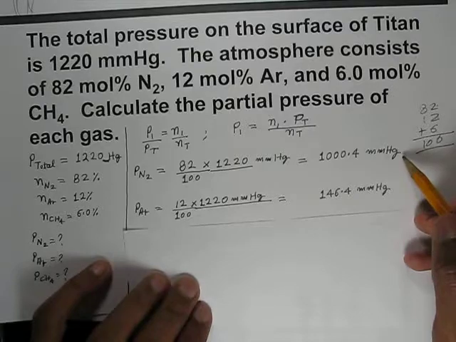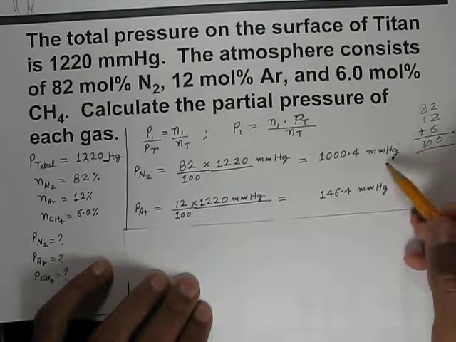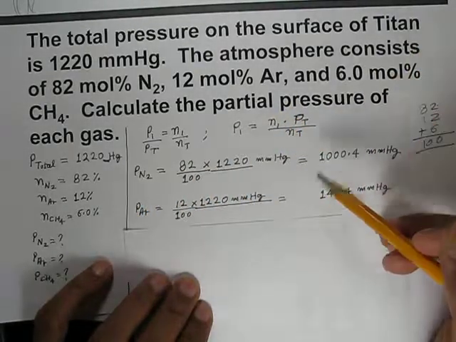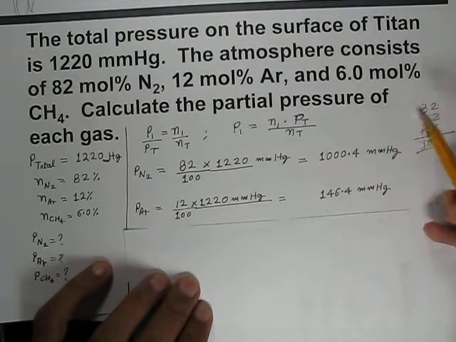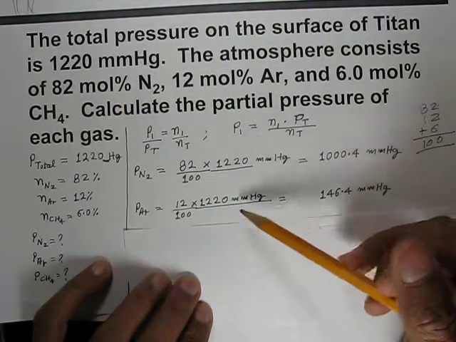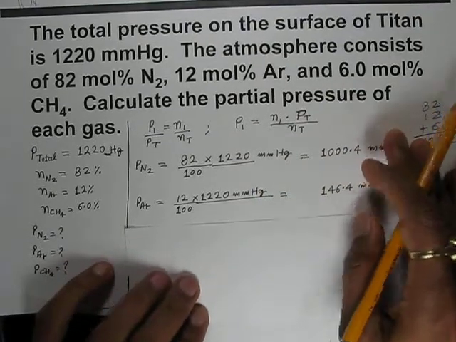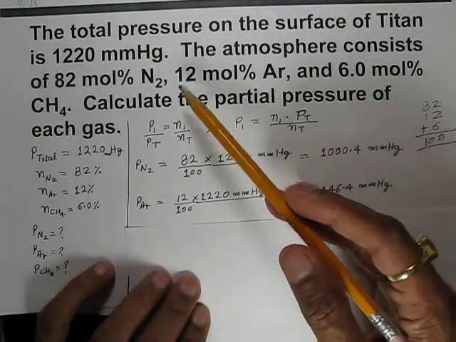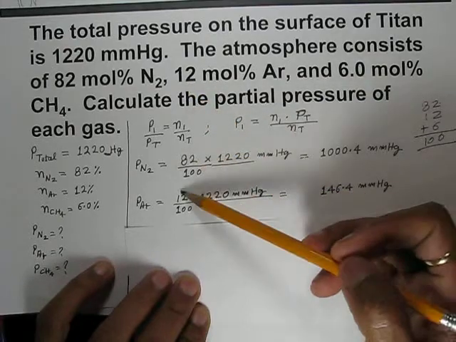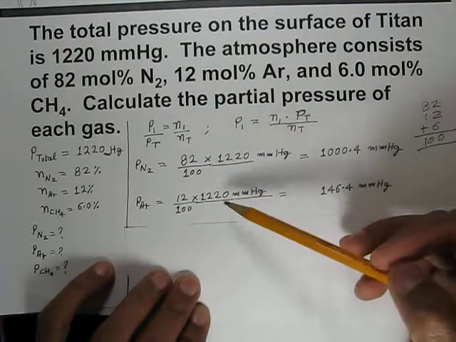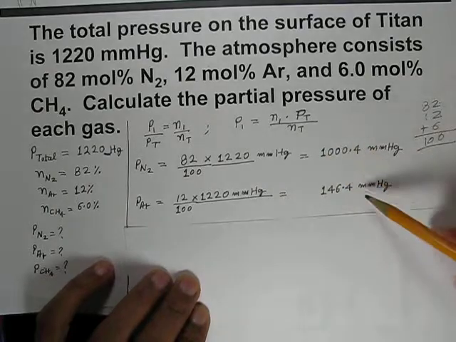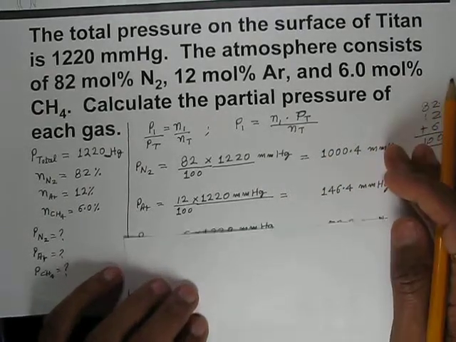Next, you can also convert this into atmospheric pressure, but here they are not asking for any desired unit. Millimeter Hg is given, so we can write the answer also in millimeter Hg. And for argon, argon gas will be 12 mole percent divided by 100 total, and then total pressure. So this will come to 146.4.